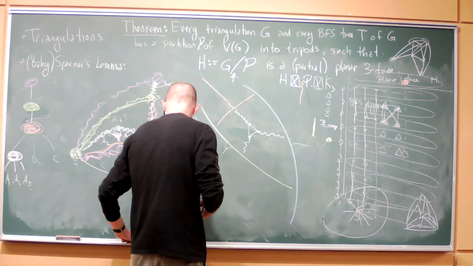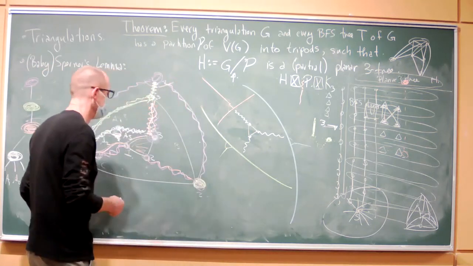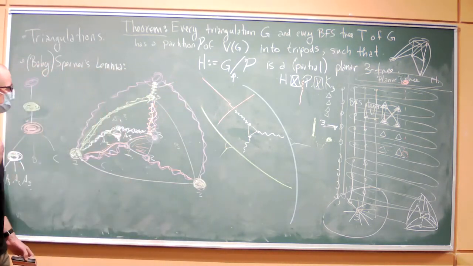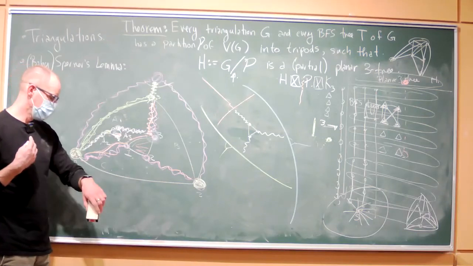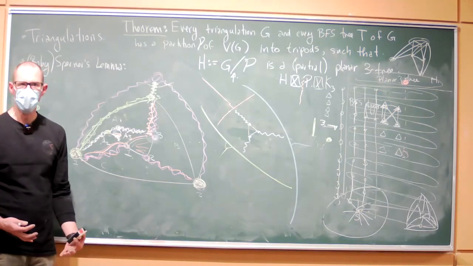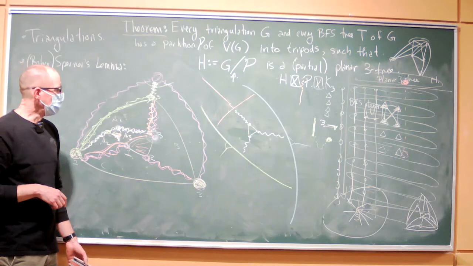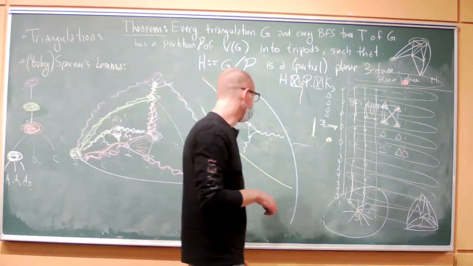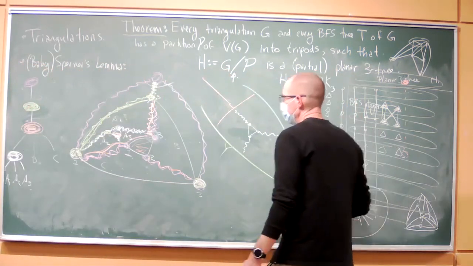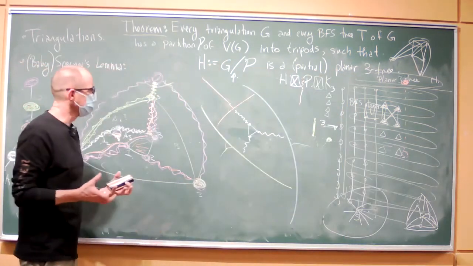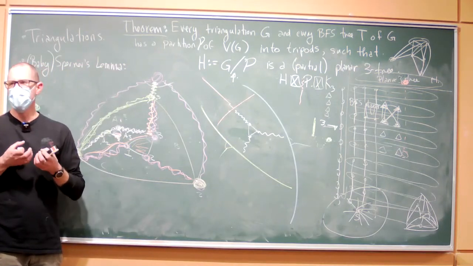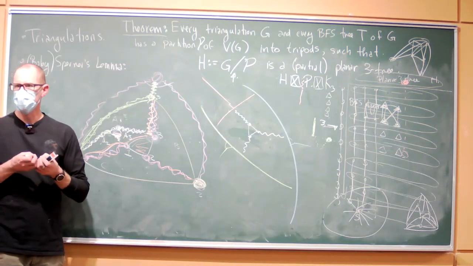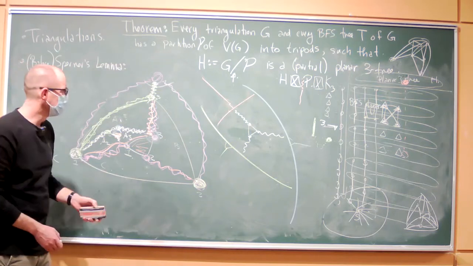Now, all right, so that's how you build this so-called tripod decomposition. So why is this thing a planar 3 tree? So why, when I contract this, would I get a planar 3 tree? Well, you can almost see what's happening from this picture, right?